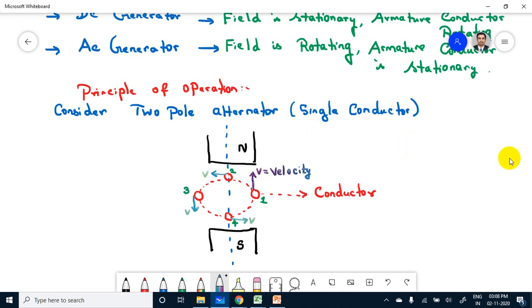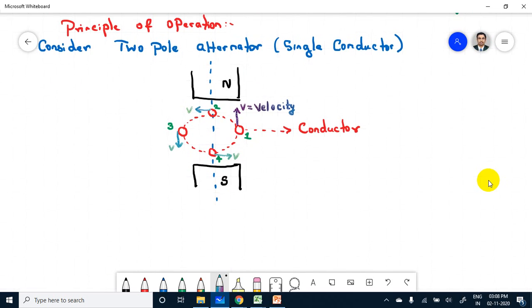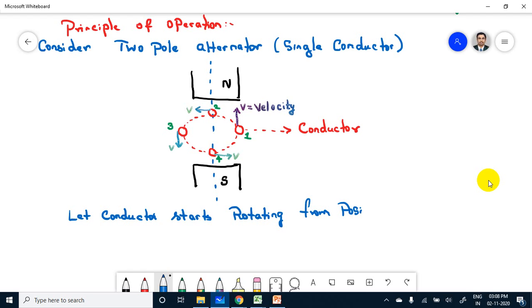Now let the conductor, meaning this small red circle, start rotating from position 1.